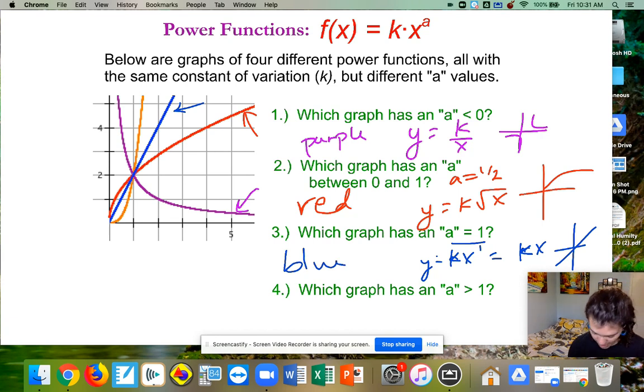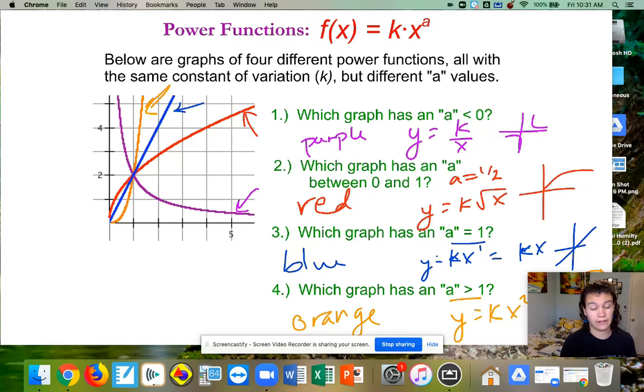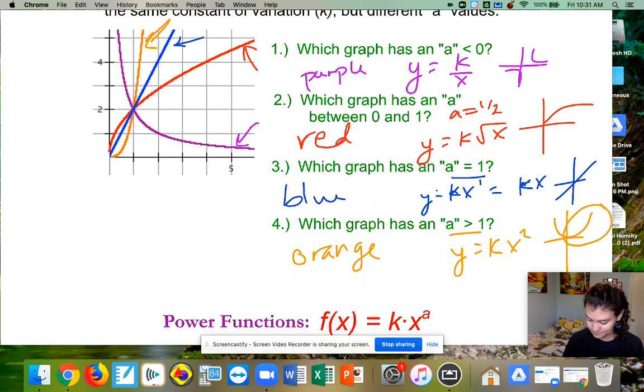But if we're greater than 1, the easiest for me to think of is x squared. Well, I know that looks like this. If we're looking at this chunk, we're looking like the orange one over there. And then you can think of, like, if something is negative, it would reflect down over the x-axis. But that's the basic way they look.